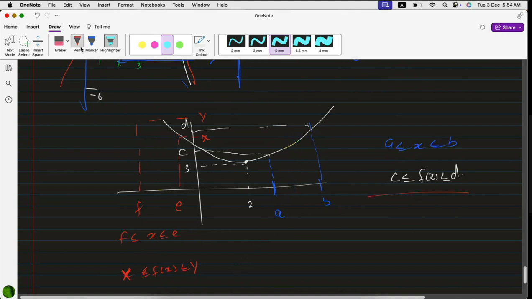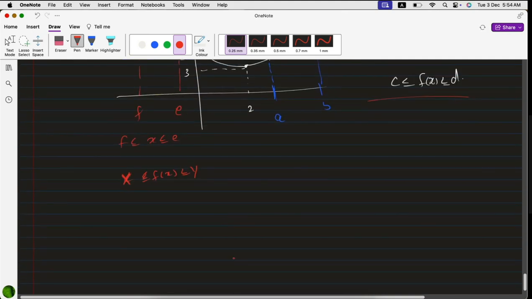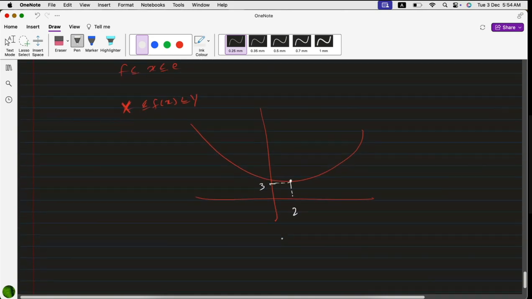So if the graph looks like this, the turning point is (2, 3), and the examiner says that from A to B, at A I'm getting this as x and at B I'm getting this as y.